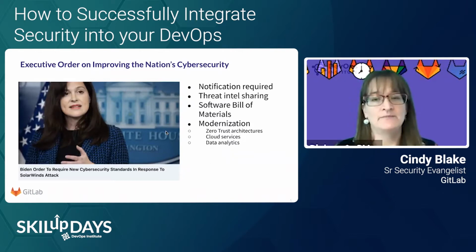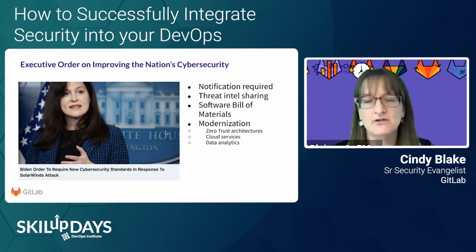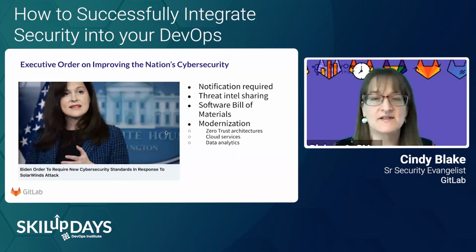So you can expect that while the executive order is focused on vendors, software that is used by federal agencies in the US, that it's going to trickle down. Just like GDPR trickled down to everybody globally, you didn't have to be a European company in order for it to be relevant to you. I expect this to be the same.